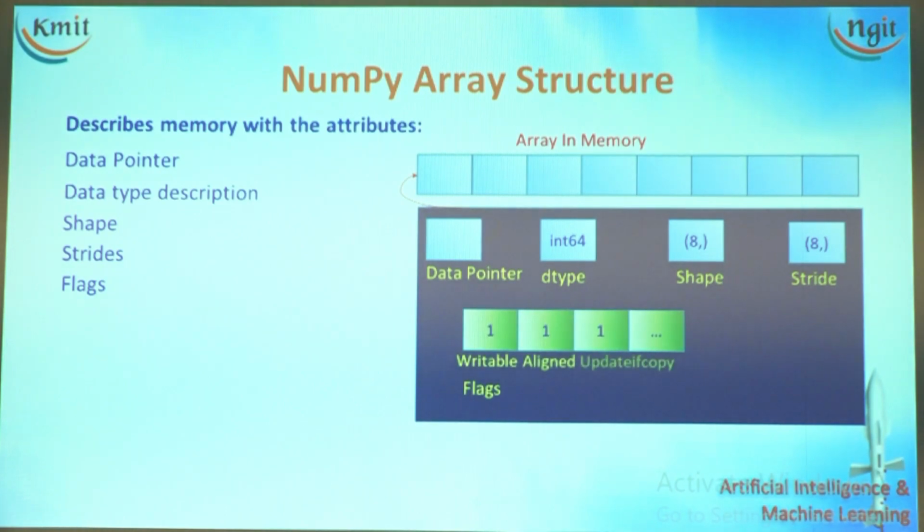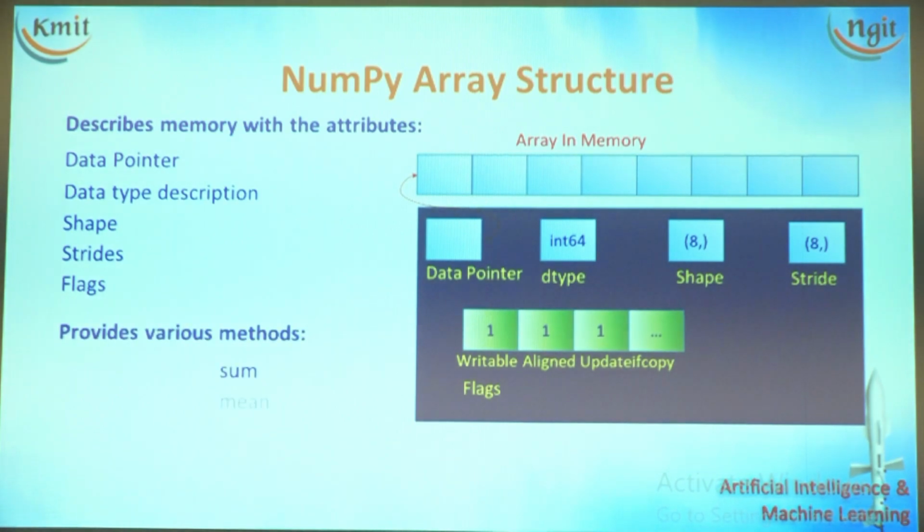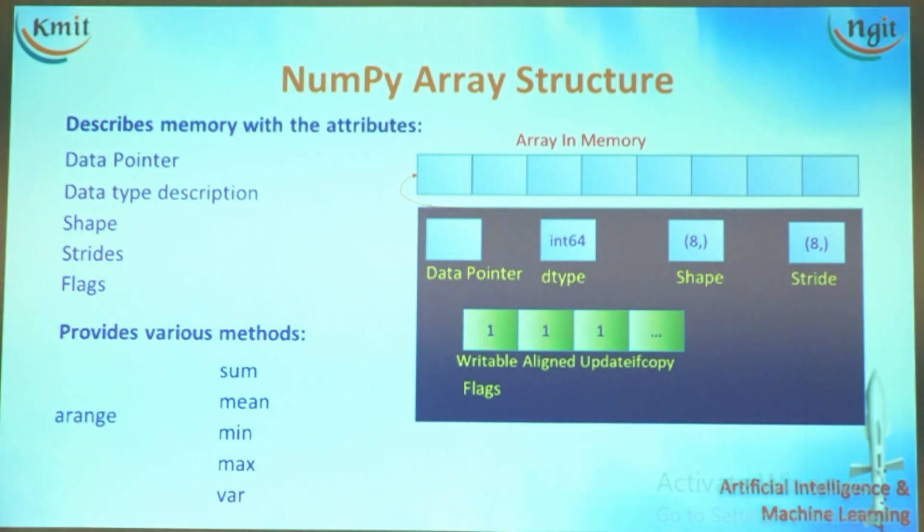Now, these are the various flags that you can use with your NumPy array, like writable, aligned, update, copy, etc. You have got various methods as well. All of them we'll see in detail.